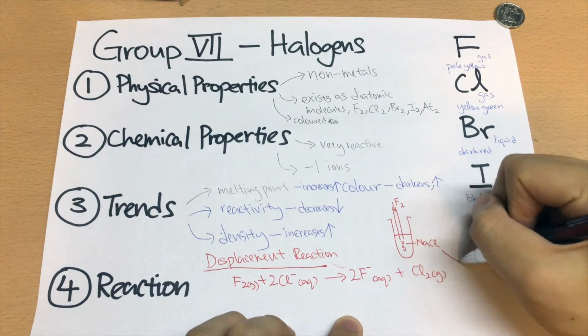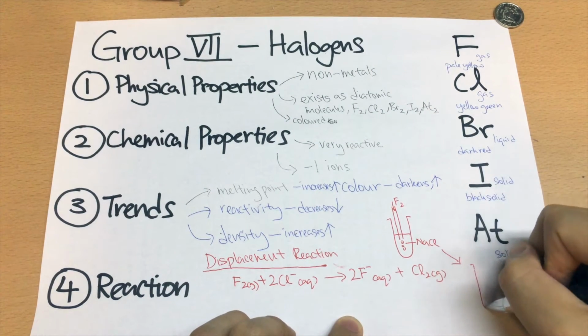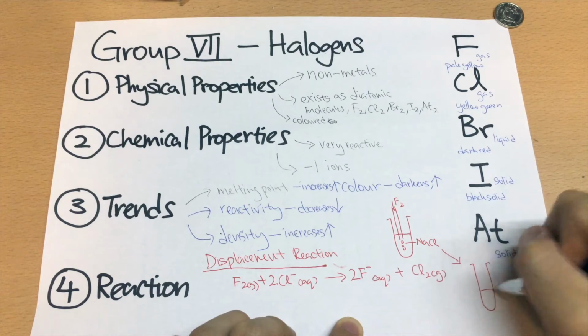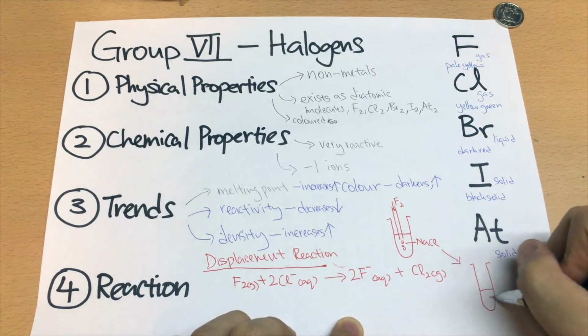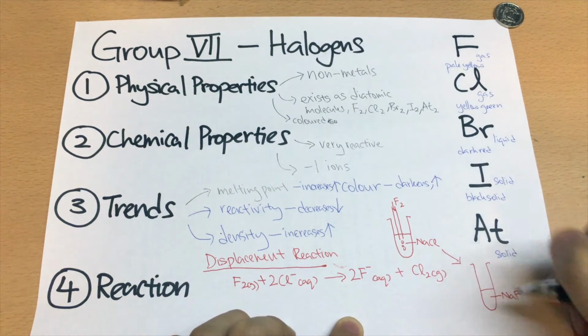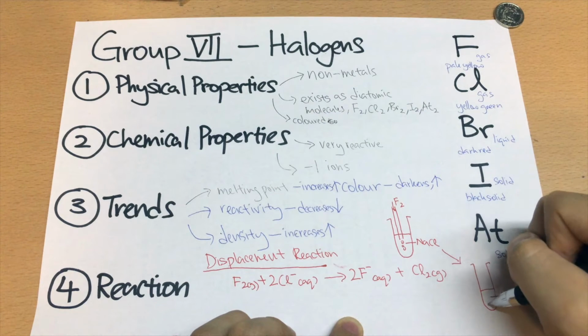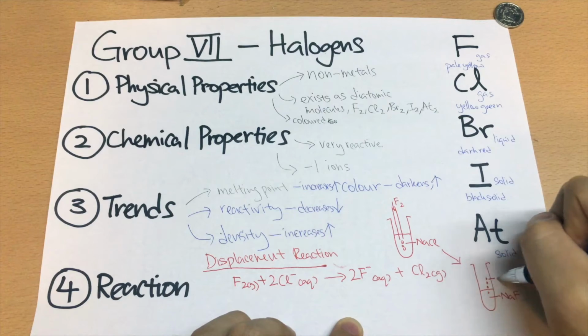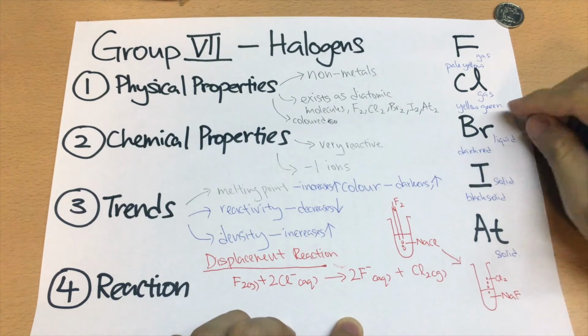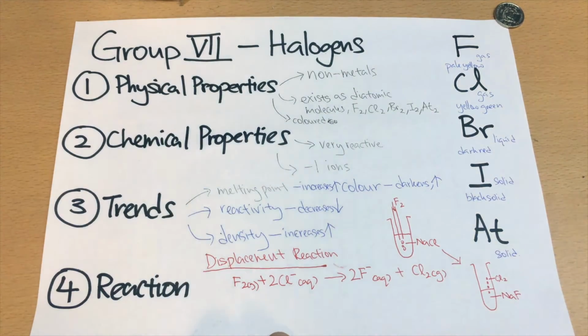This will eventually lead to the formation of fluoride ions, so no longer sodium chloride, we will get sodium fluoride, and although we are bubbling in fluorine gas, you will see the evolution of chlorine gas, which is a yellow-green gas. Let me give you another example.